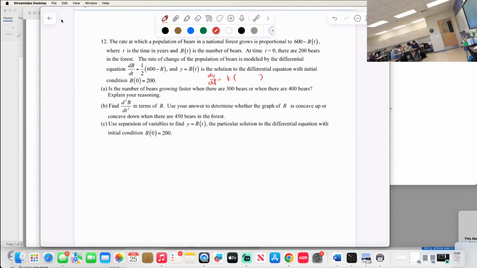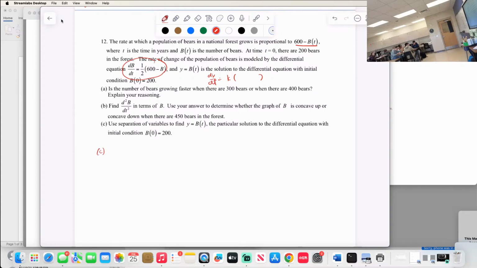In this case, they say 600 minus B of t, and they also give you k is 1/2. So you can just start reading from here, the differential equation part, because that's the equation they want you to read. Okay, so it's a number growing.